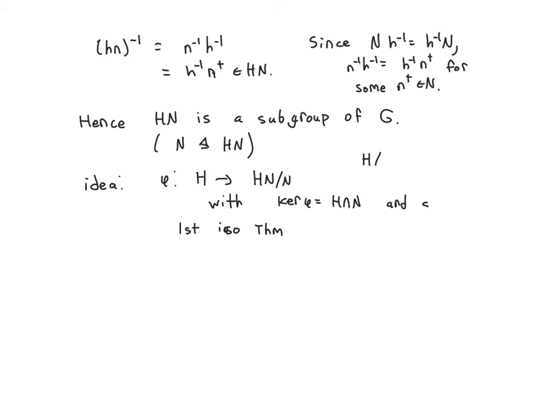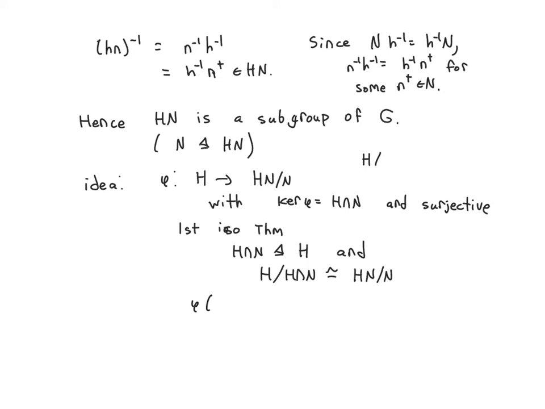I should add that part. If you can do that, then by the first isomorphism theorem, you automatically get that the kernel has to be a normal subgroup in the domain, and you have to get that H mod the kernel is isomorphic to the image, which if you're surjective is the whole codomain. So we just need a homomorphism with these two properties.